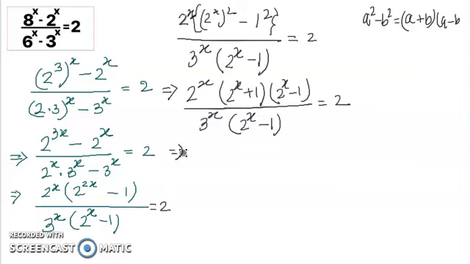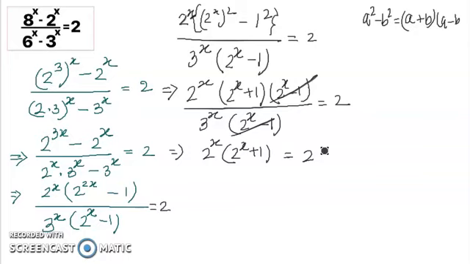And in the very next step we can cancel out this and this. So we are left with 2^x(2^x plus 1) is equal to 2 times 3^x.